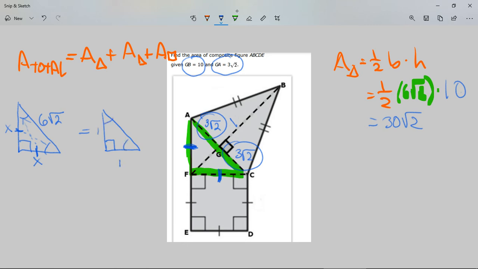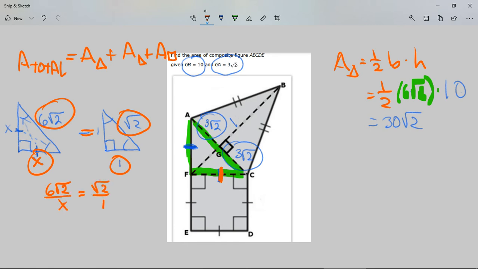So that's a 1, 1, and a root 2. Okay, so we want to find one of these sides, like let's find this one right here. So we'll find that X right there. Same thing. So hypotenuse over leg equals hypotenuse over leg.